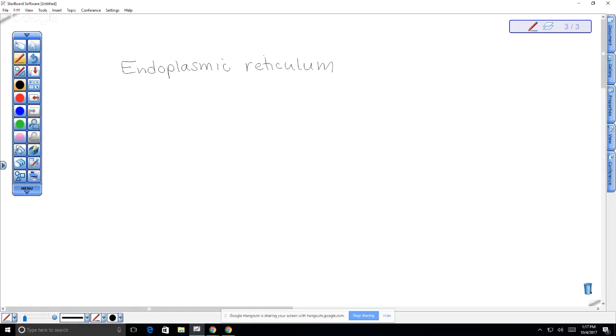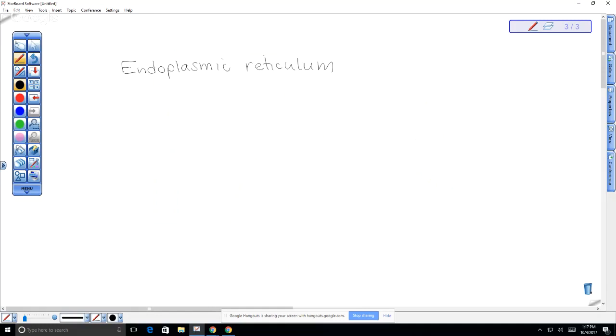Okay. So when I look at this word, endo means inside. So it's not the outer plasmic membrane, so it's internal membranes, and it's reticulum. Reticulum means that it is a network. So it reticulates, it makes connections.